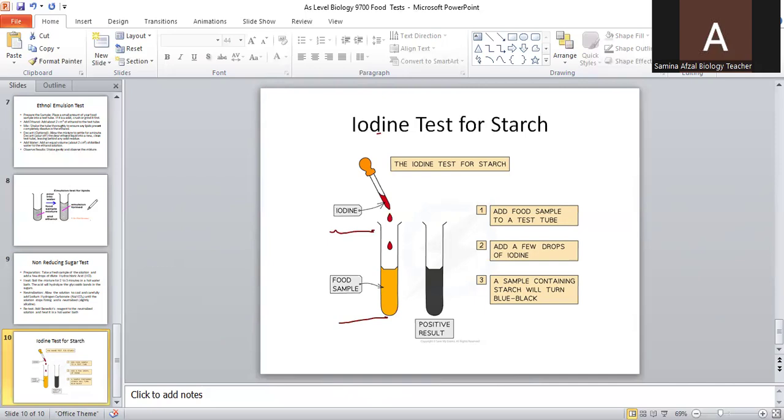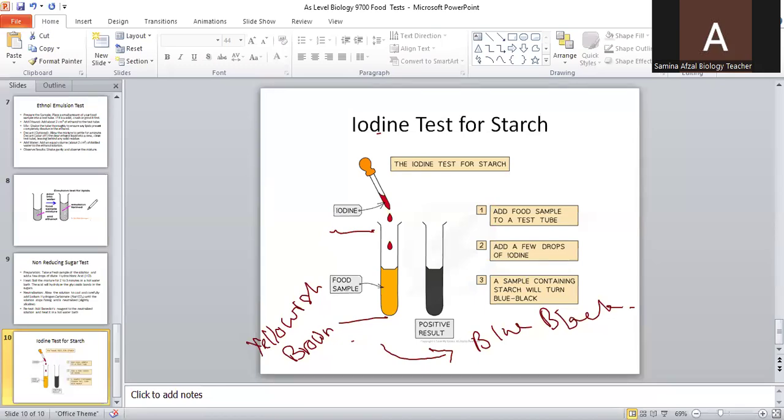When you add the iodine into the solution, if the color changes from yellowish brown to blue black, it shows the presence of starch in the given solution.